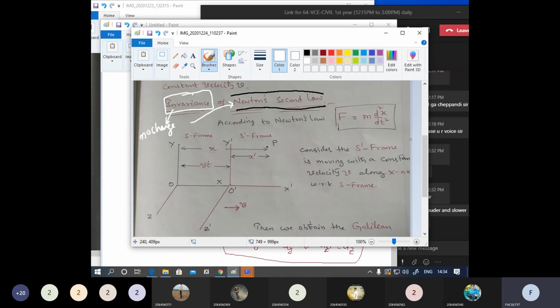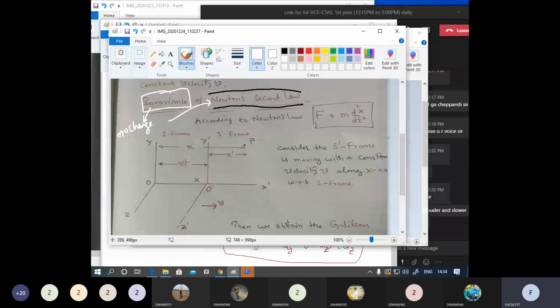Why are we considering there is no change? Because we are considering two different frames. The first frame is remaining at rest, the second frame is moving, and we are verifying Newton's second law. What we have to conclude is that even though the frame is moving with respect to the first frame, Newton's second law, F equals ma, should remain the same.